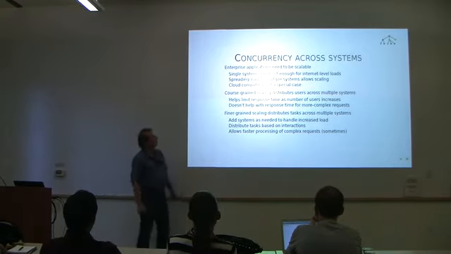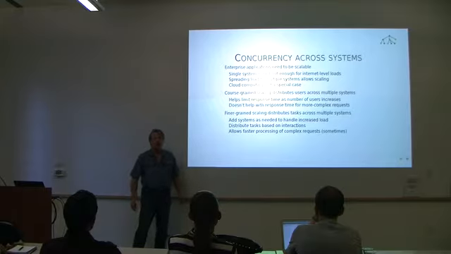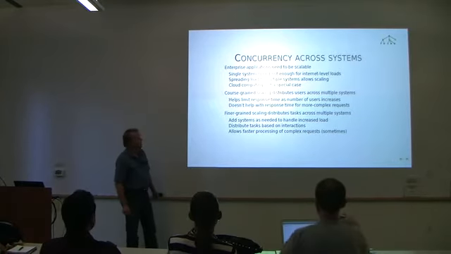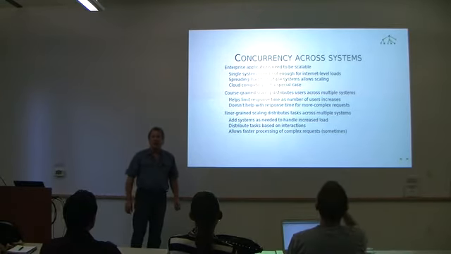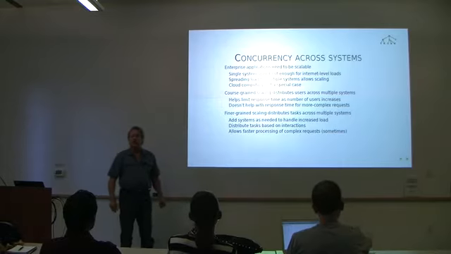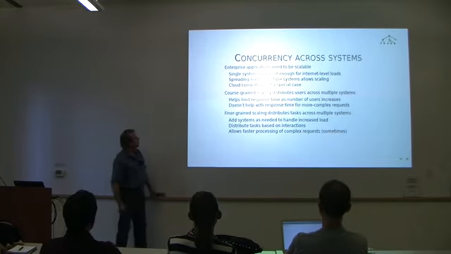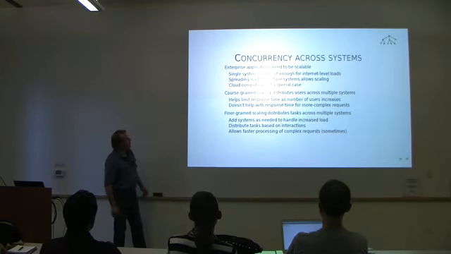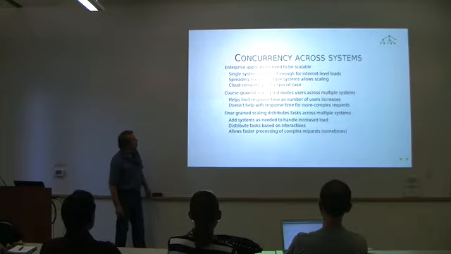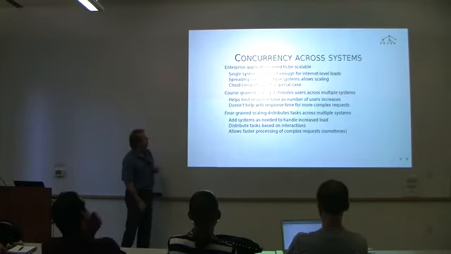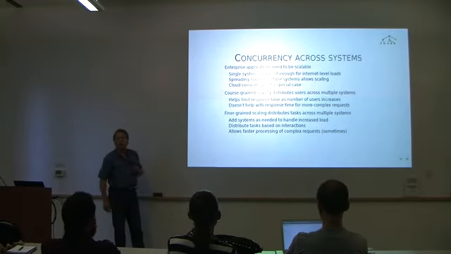Concurrency across systems is also becoming more and more of an issue all the time. Enterprise applications need to be scalable. That's why so many things are moving to the cloud, where you can add more processors as needed. And that's fine for certain types of operations. Coarse grain scaling distributes users across multiple systems.